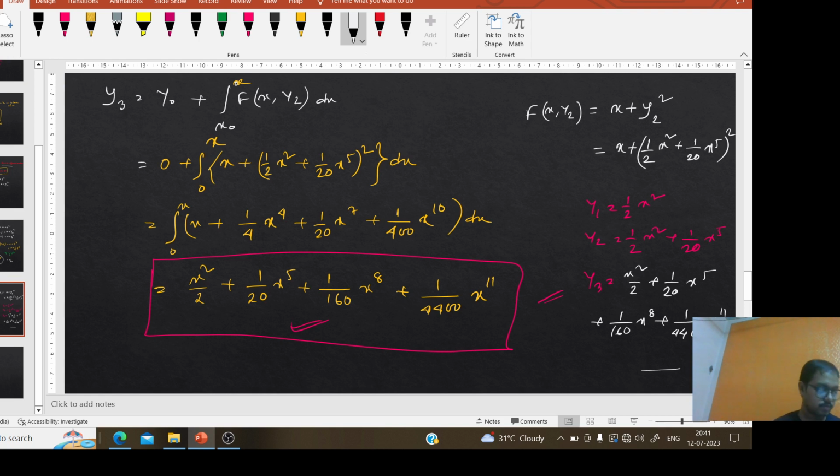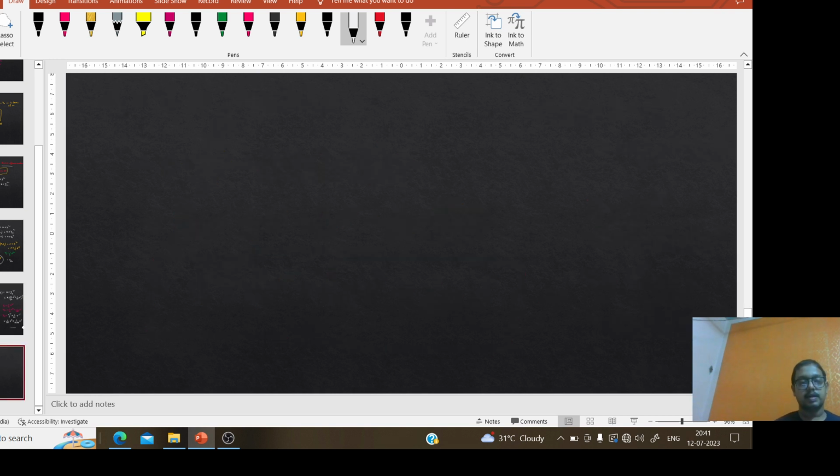Similarly now, I will take another problem. The question is: solve the following IVP, dy dx is equal to 1 plus x, where it is given that y of 0 is equal to 1.